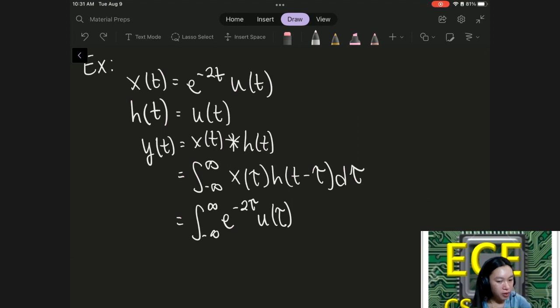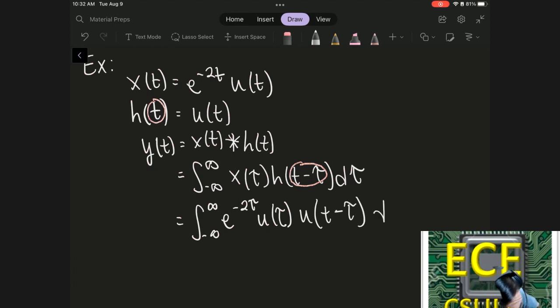And now for h of t, you're replacing the inside of h with t minus tau. The inside of h is t minus tau now instead of just t, as I've given you. So then that becomes u of t minus tau d tau.